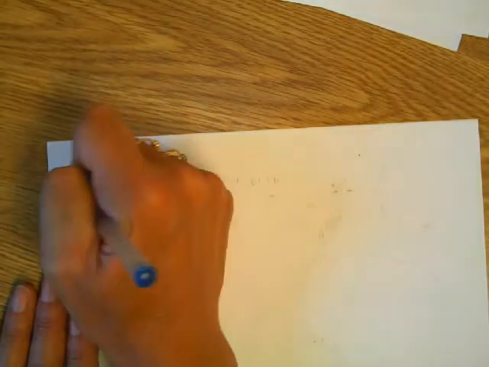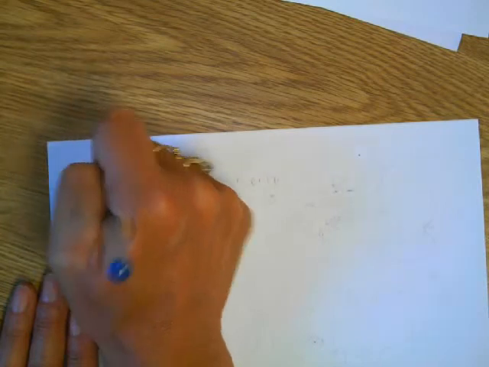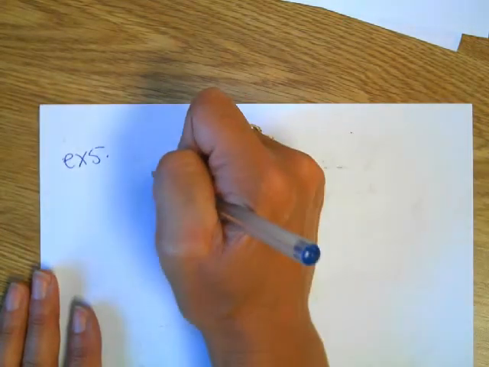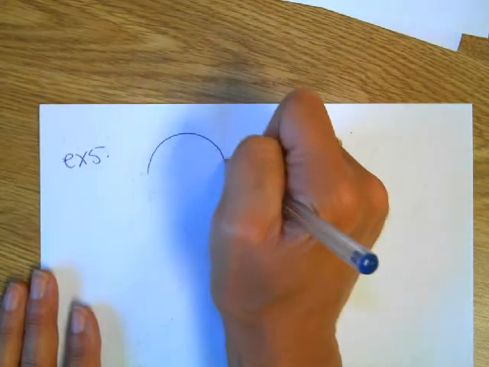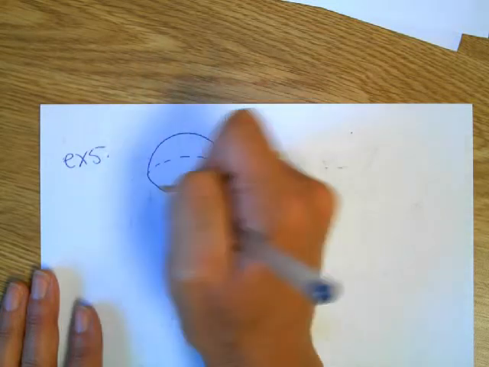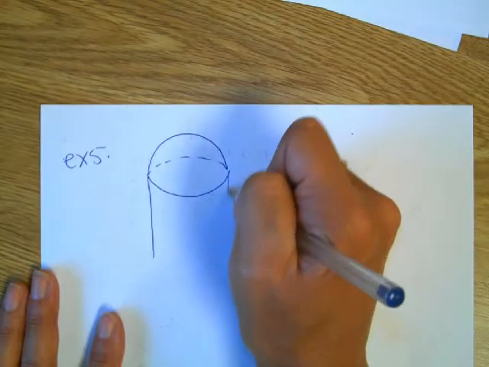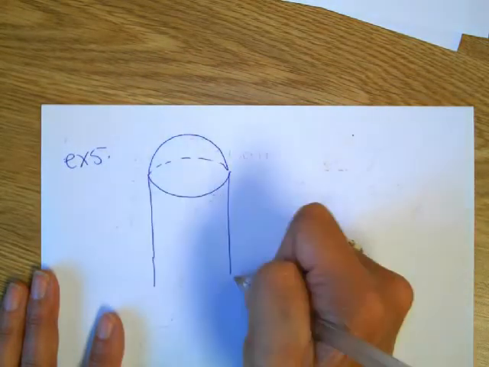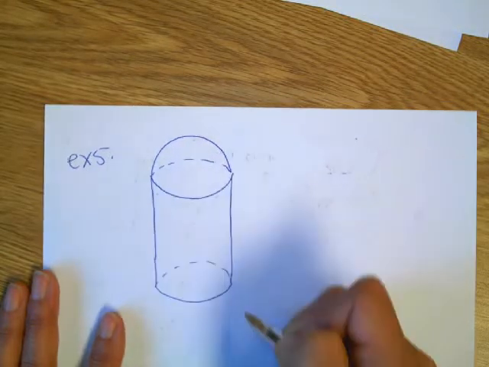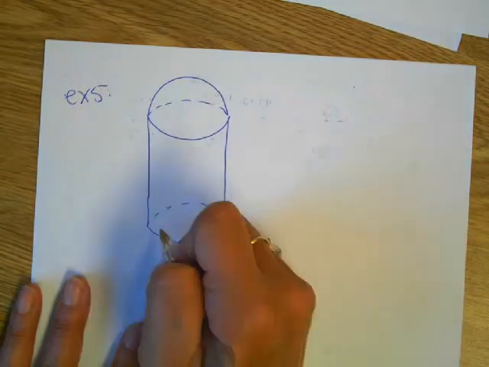All right, one last example for the year. Let's see, we're going to have like a silo here. The silo that has the hemisphere on top, and then a cylinder underneath. And here's what we know about our silo.